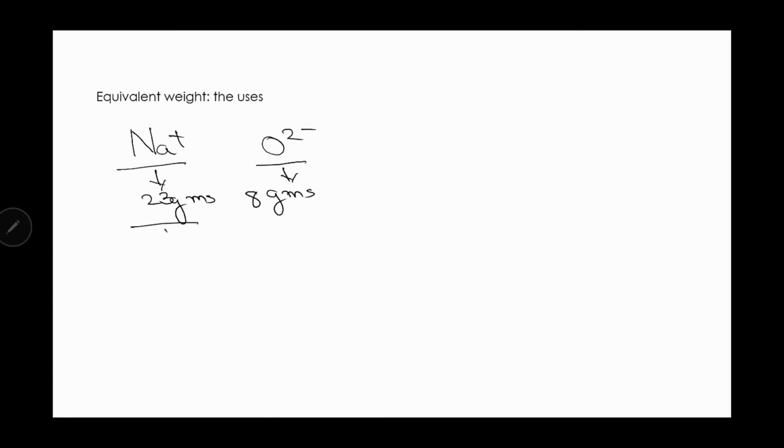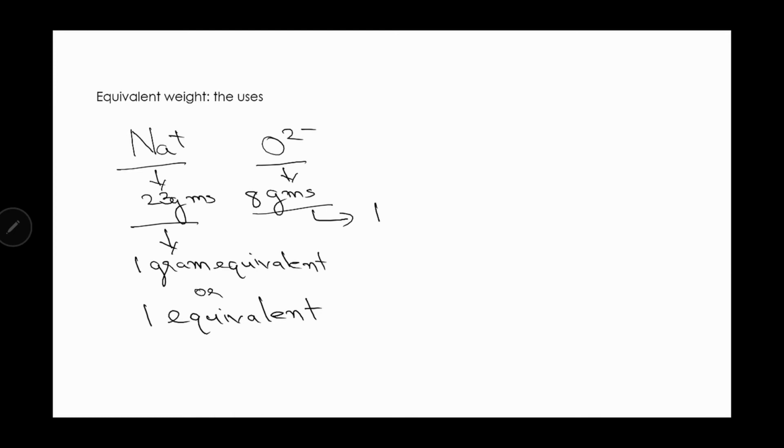We also say that 1 gram equivalent of Na plus, or we can also call it 1 equivalent of Na plus, will always require 1 gram equivalent of O2 minus. So this is 1 gram equivalent or 1 equivalent.